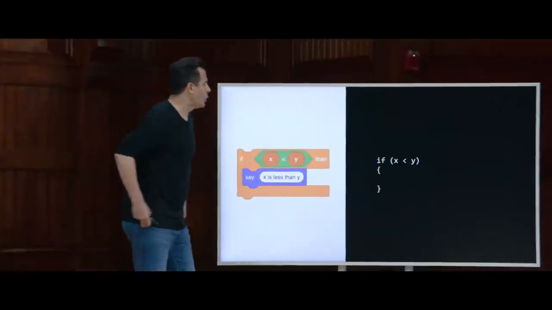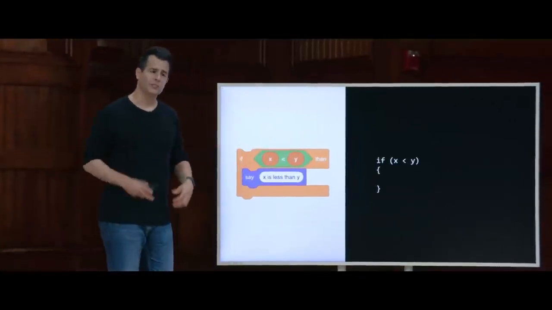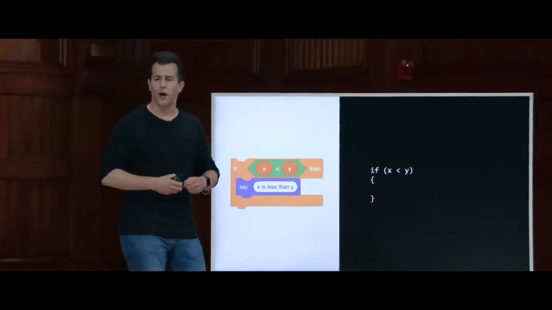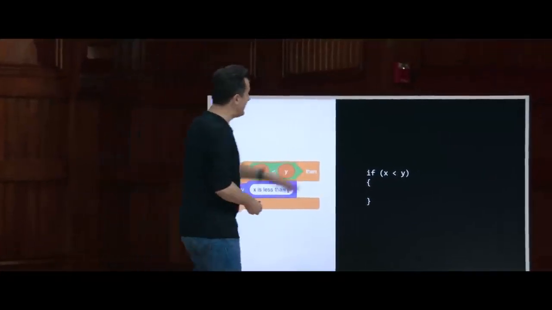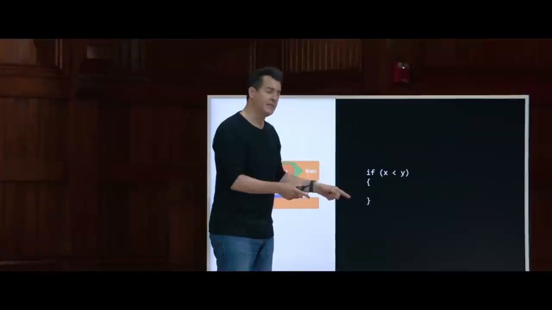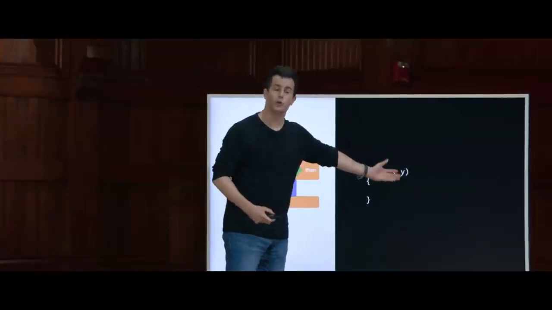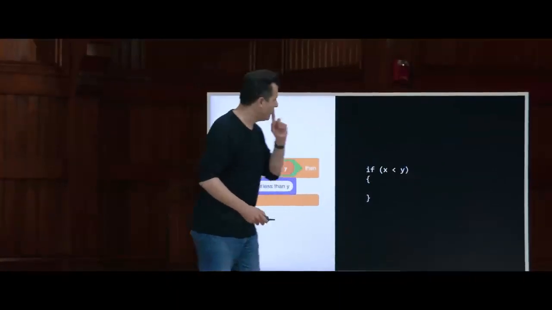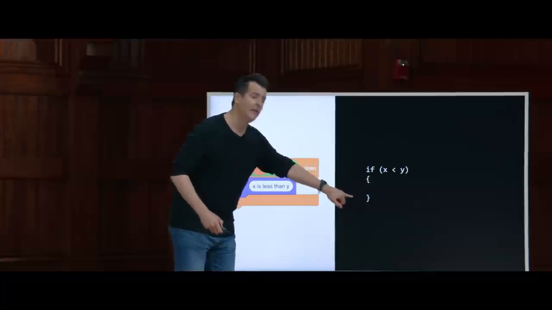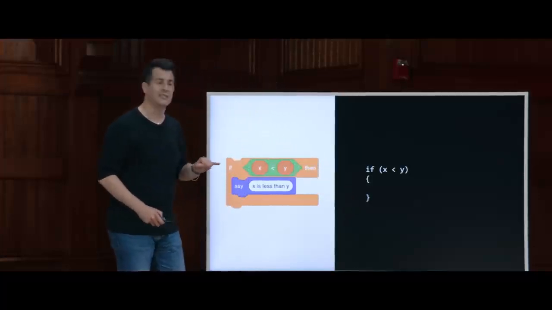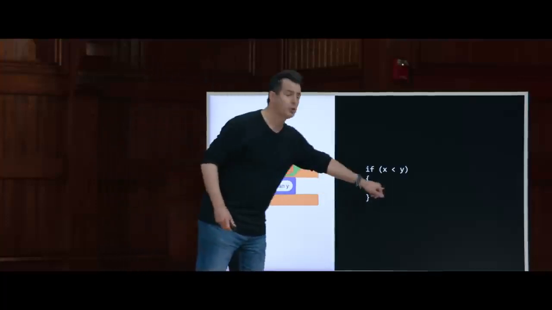In C, the code's going to look like this. So it'll take a little bit of muscle memory to develop, but you're going to say if. Then in parentheses, you're going to say x less than y, assuming x and y are variables. You're then going to use these curly braces. And then if you want to say, quote unquote, x is less than y, in C, what function should we use here?